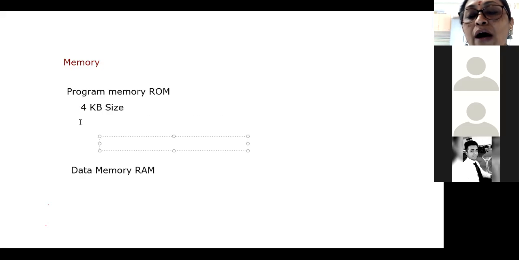Okay. So as all of you know, microcontroller is used in embedded system. And what embedded system consists of? It consists of hardware as well as software, isn't it? Software means a program code.